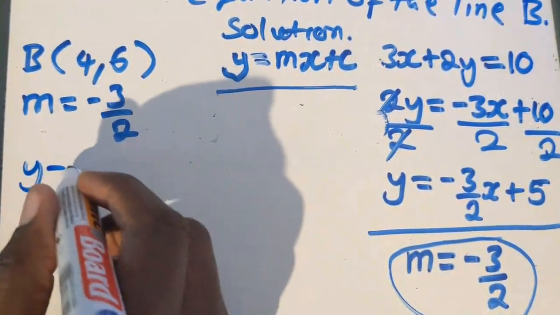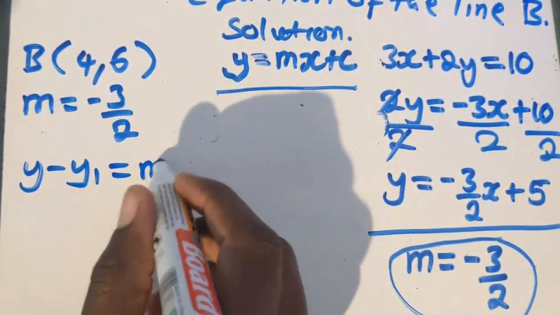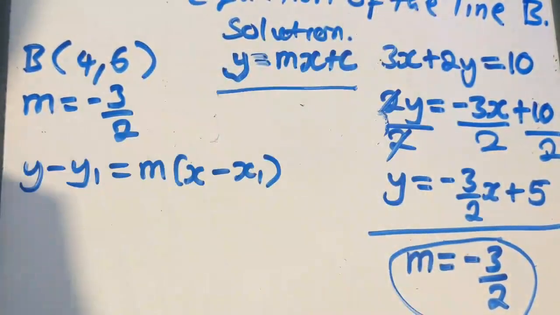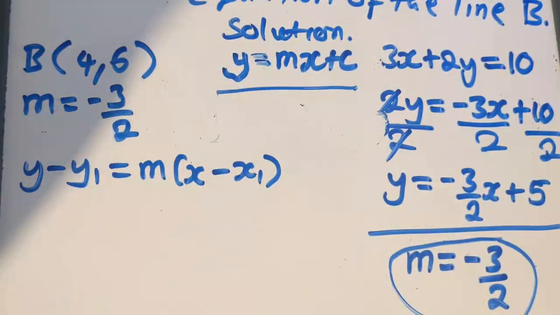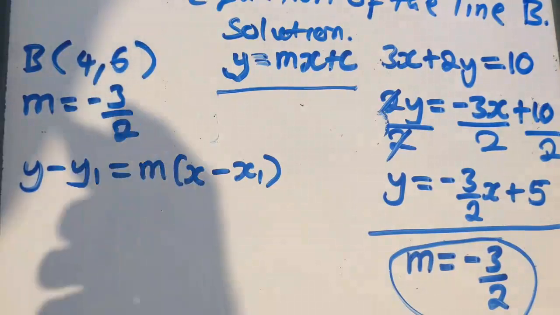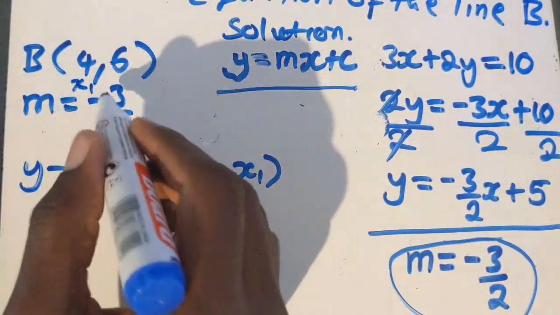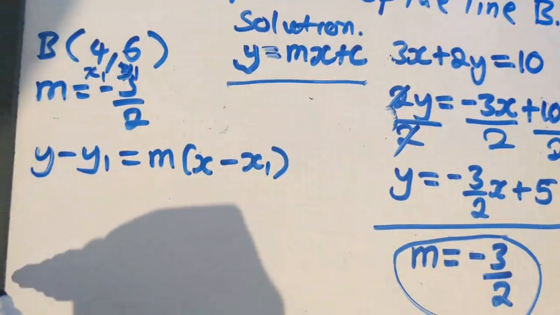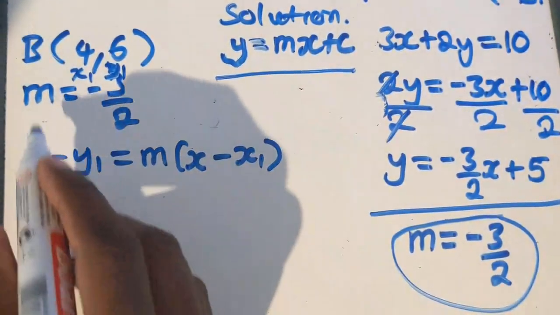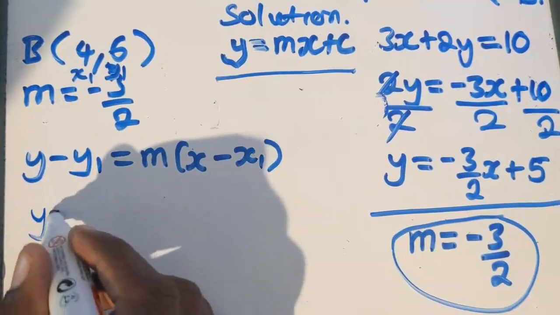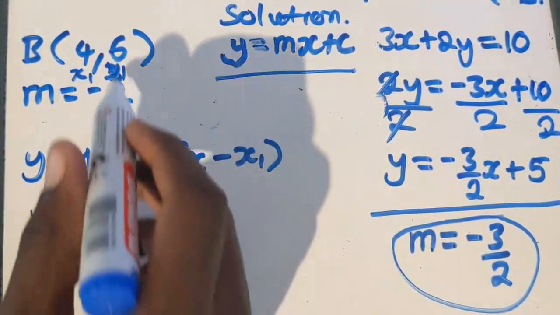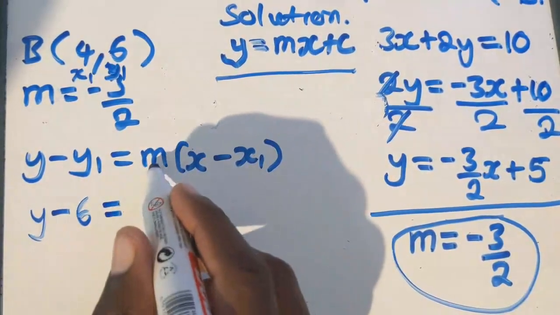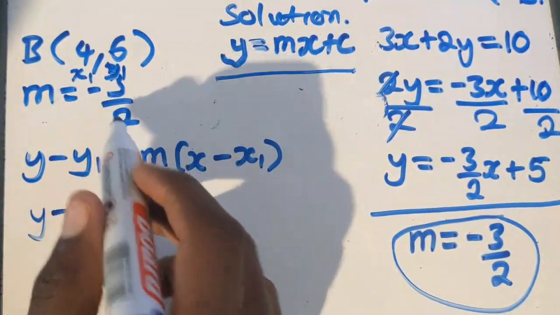You can use this to find the equation of B. Here this is x1, this is y1, so you can substitute the values. y1 is 6, so y minus 6 is equal to m. You know that m is negative 3 over 2, that is the gradient.